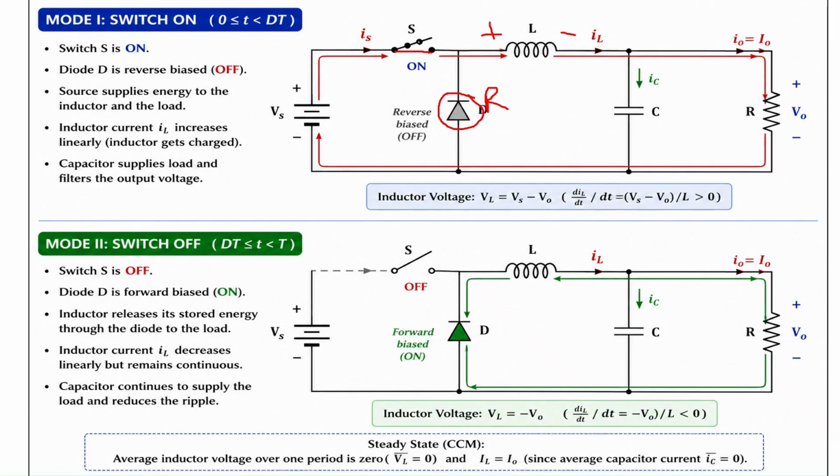So using the inductor equation, dIL by dt is equal to (Vs minus V0) upon L, which is also greater than 0. This is the rate of change of current through the inductor.